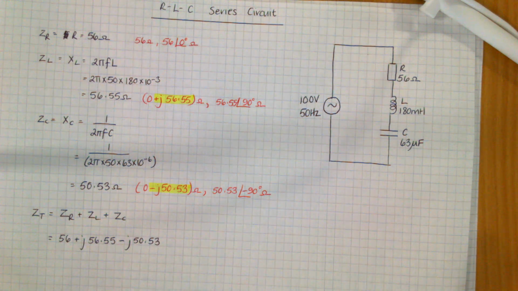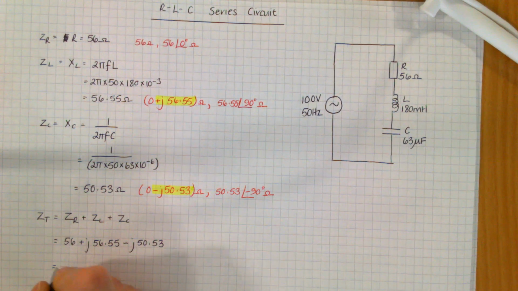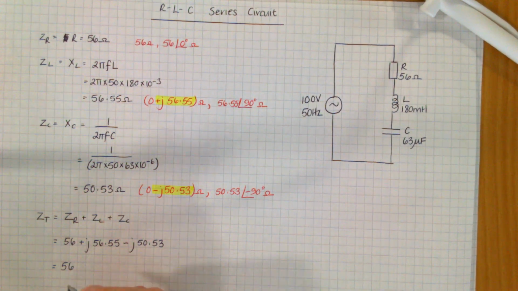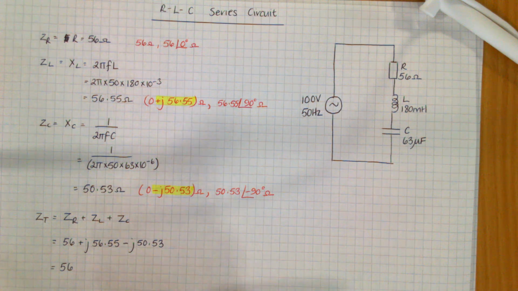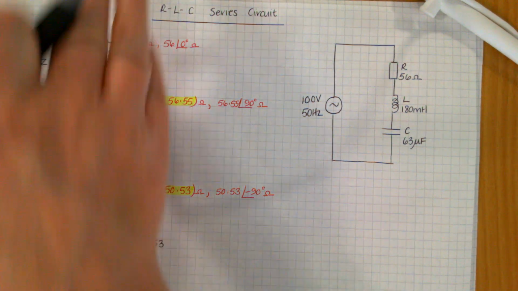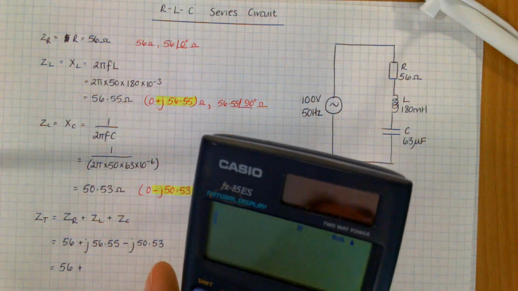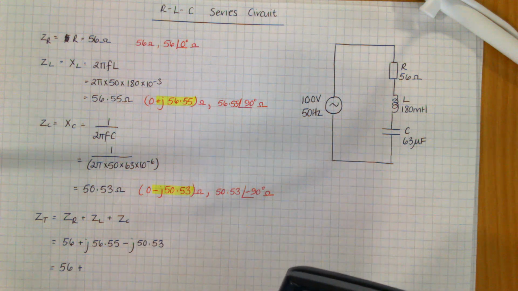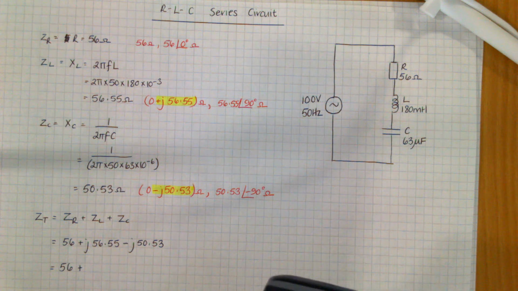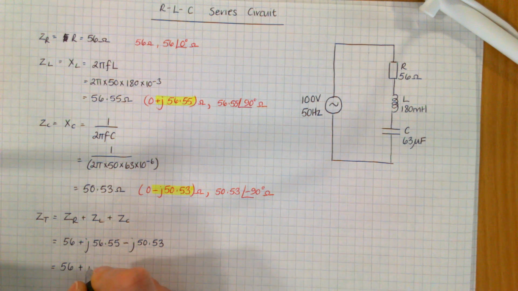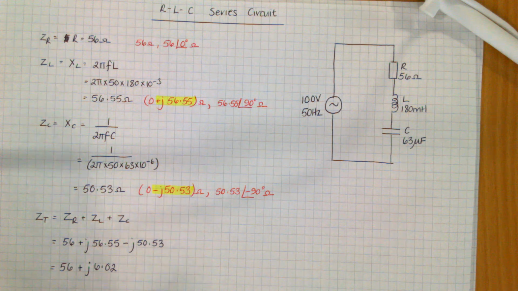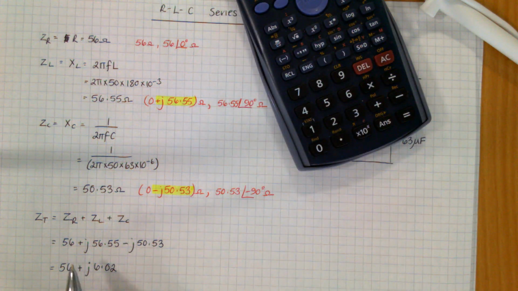And then, the same as you would in maths, you collect like terms. There is only one real number, that's the 56, but then you've got a plus j and a minus j, so overall your j is going to be positive. 56.55 minus 50.53 gets you 6.02. You know it's positive because the plus j number is bigger than the minus j number.